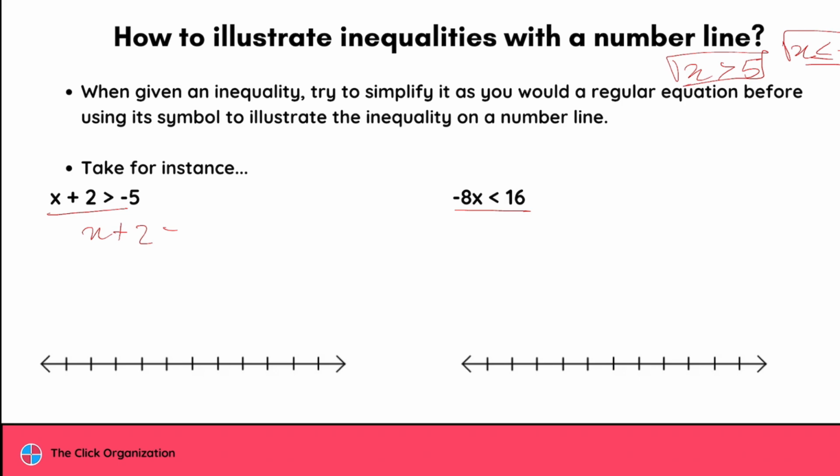We can do that by subtracting 2 from the whole equation as we normally would. That would bring 2 to the other side without changing this symbol. It would make the expression x is greater than -5 minus 2, which if you were to simplify it further, you would get x is greater than -7.